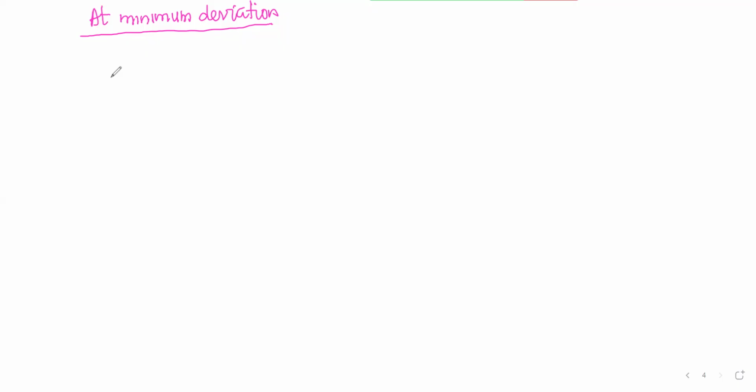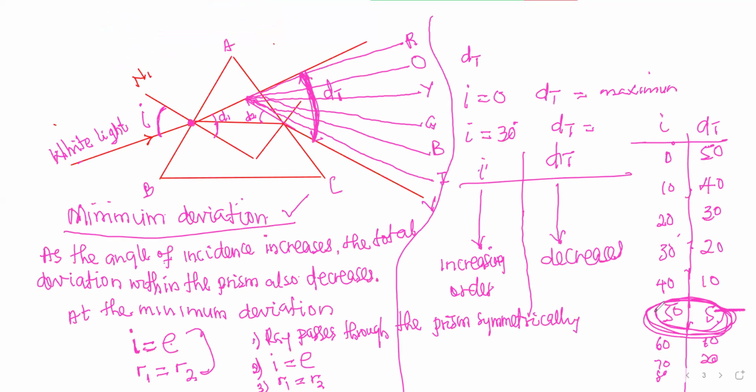Okay, I'm coming to even write an equation. You see, earlier we saw that D total is equal to I plus E minus A. When we get to this angle of incidence, which gives us the least deviation, and I use numbers, I said, assuming from our data, let the minimum deviation be 5.